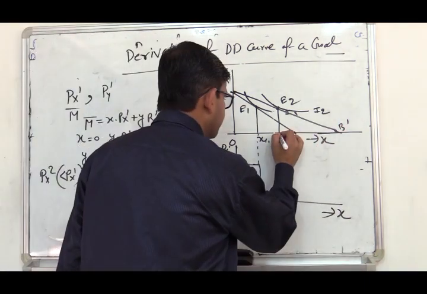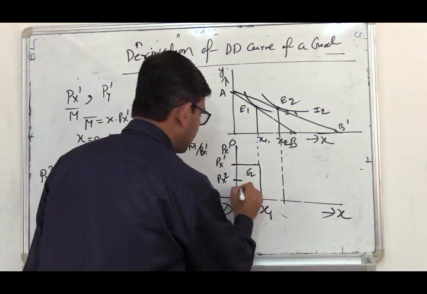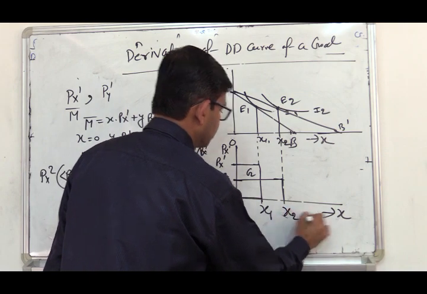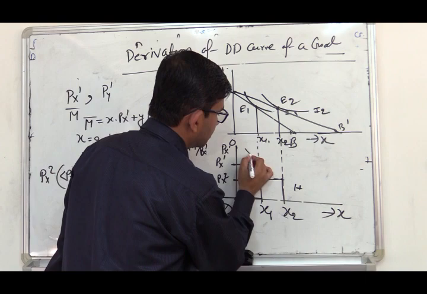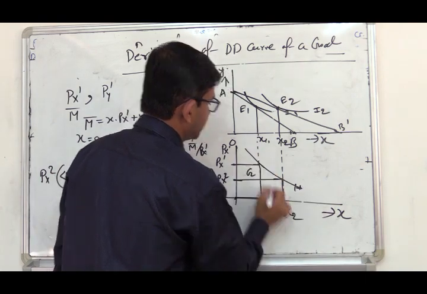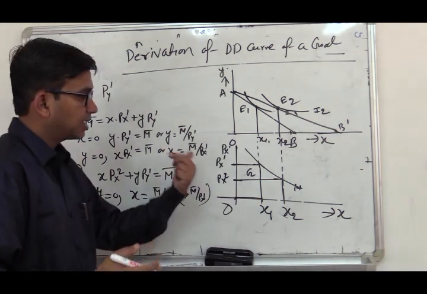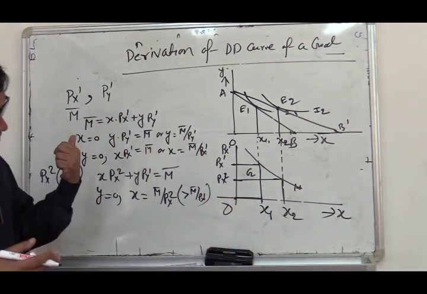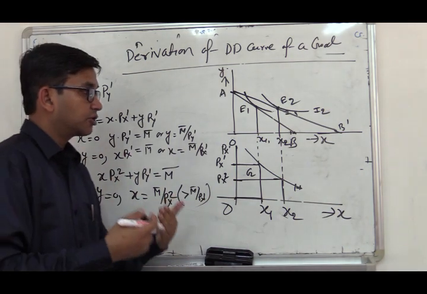So now what do we see? That at PX2 the demand for X is OX2. This is point H. So if we join these 2 points G and H, that will exhibit the relationship between the price of the commodity and the quantity demanded for the commodity, with other things remaining constant or unchanged.